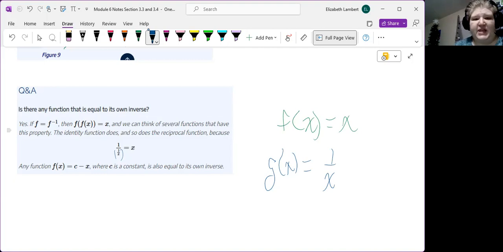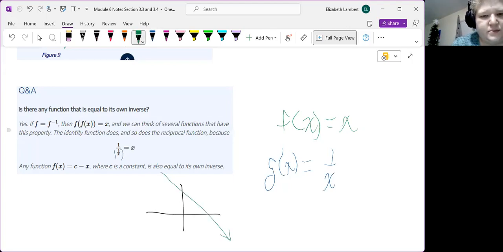And what you end up with is c minus x is a perfect negative slope line, where this is the c value.